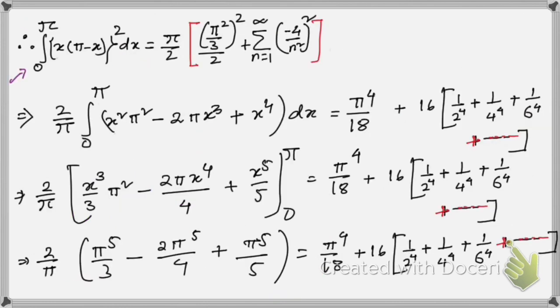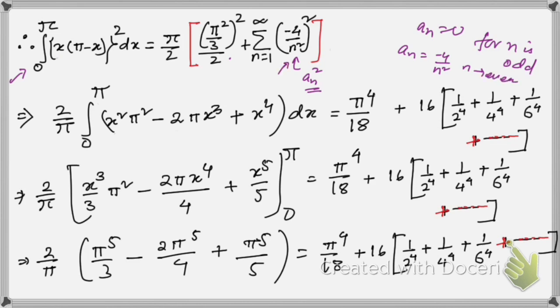So this is the last step we have got, and here you can see from this term we have got this, and if you expand this, you're going to get this result. As I have already told you, this is nothing but the value of a_n, right? This is a_n square, and we have already got a_n is 0 for n odd, and the value of a_n is minus 4 by n square for n even, so we're going to put only even values of n here.